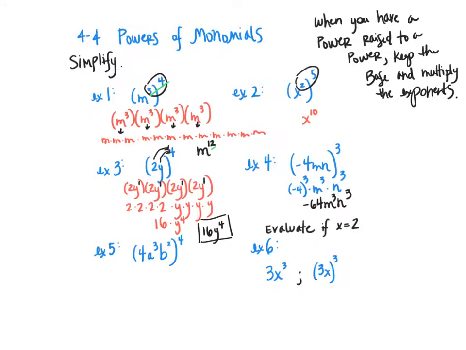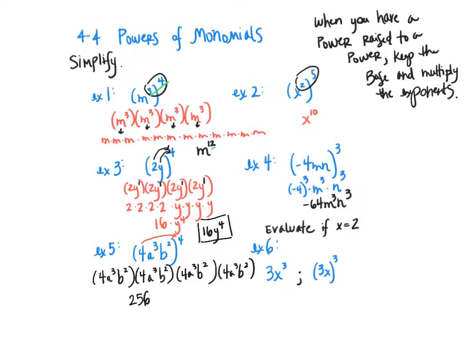Okay, let's look at example 5. And I'm going to show you some students, they actually like to write it out. So honestly, whatever is your preference and however it makes sense for you, that's the approach I would use. So if you're a student who likes to write it out, this is what it means. So when you have 4 times 4 times 4 times 4, you're going to get 256, because that's 4 to that 4th power.